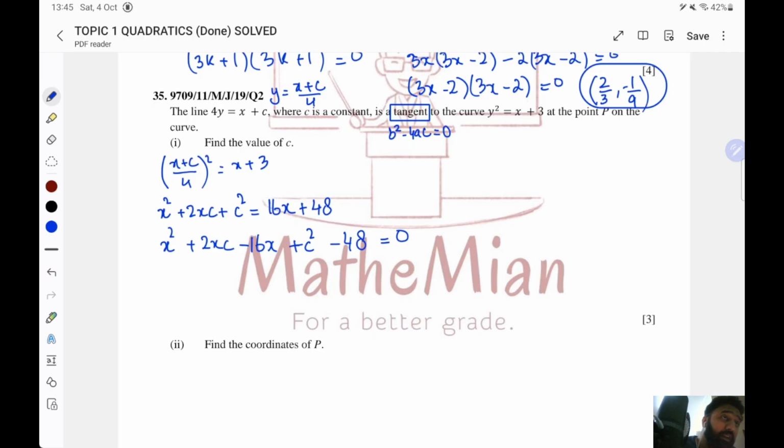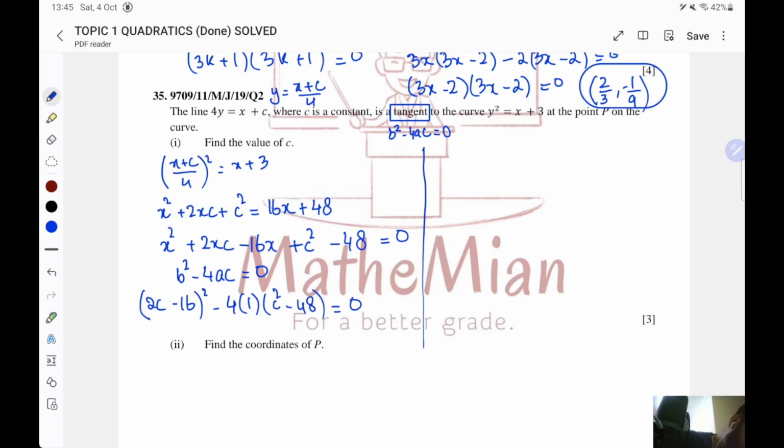Now we know that the discriminant has to be equal to 0. So it will become b square minus 4ac equals 0, which will be 2c minus 16 whole square minus 4 times 1 times c square minus 48 equal to 0.